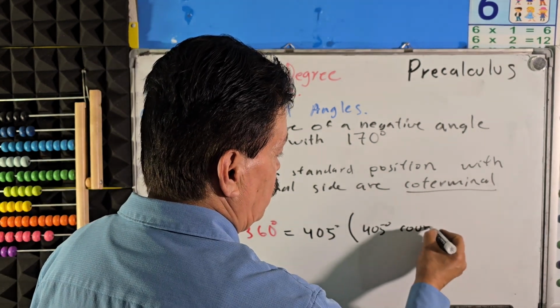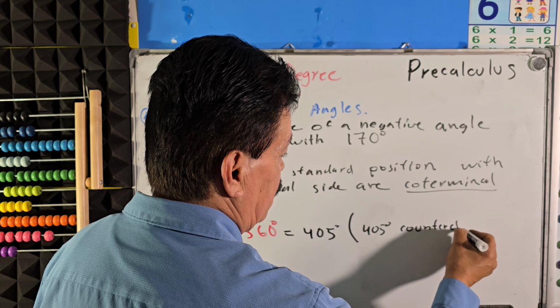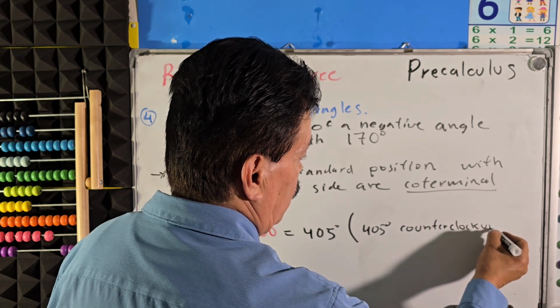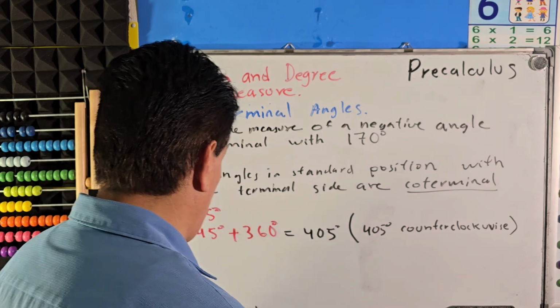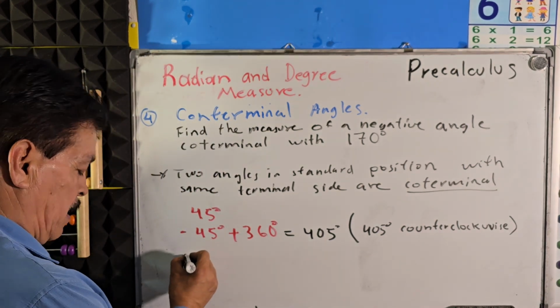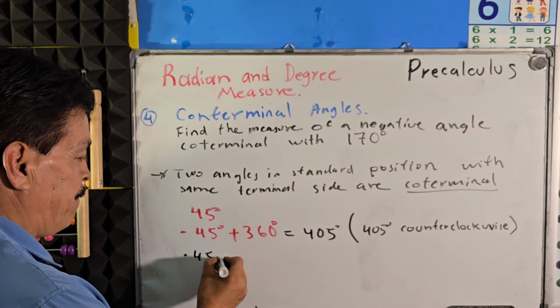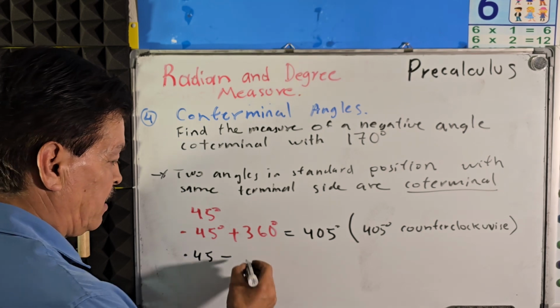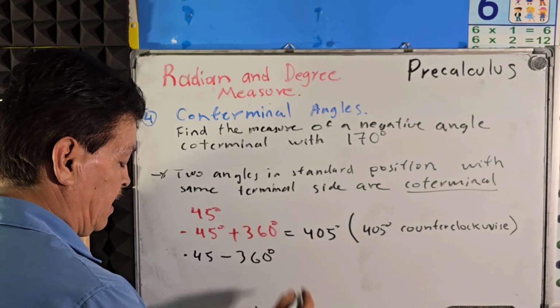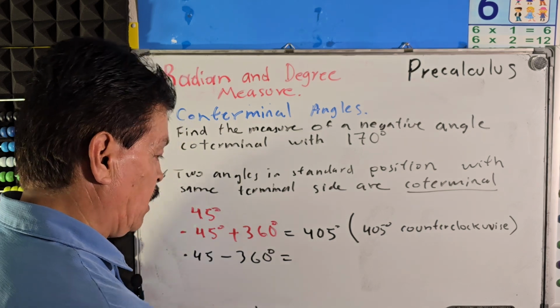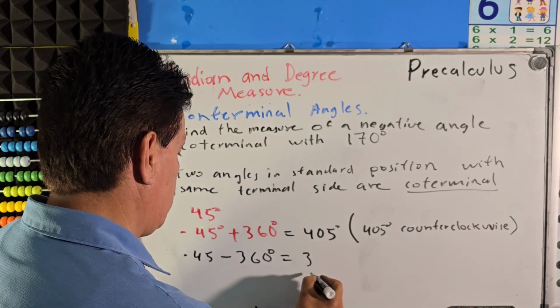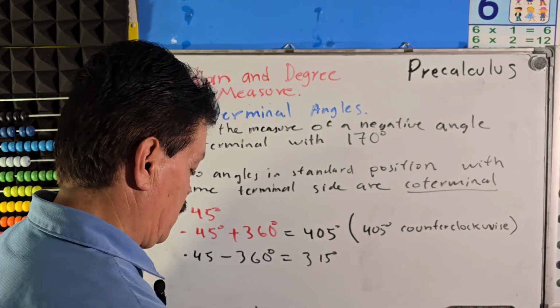Counterclockwise. So counterclockwise, we have here 45 minus 360 degrees. This equals negative 315 degrees.